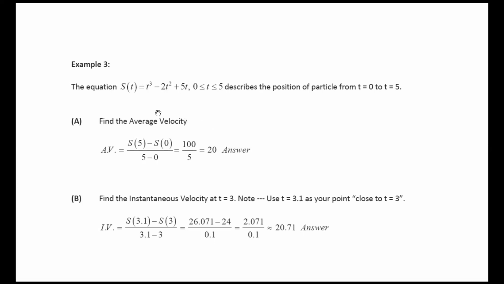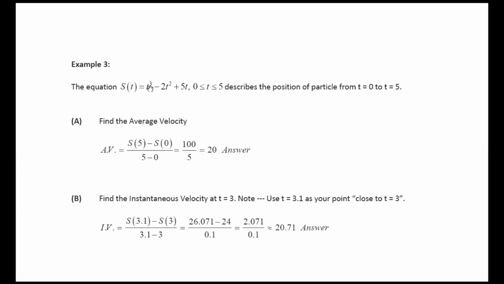Now, for average velocity, this is what you do. You take your distance equation. It's s of 5 minus s of 0 over 5 minus 0. That's all there is. And now what you do is you put 5 into this equation, and we're not showing all the cubing and everything.